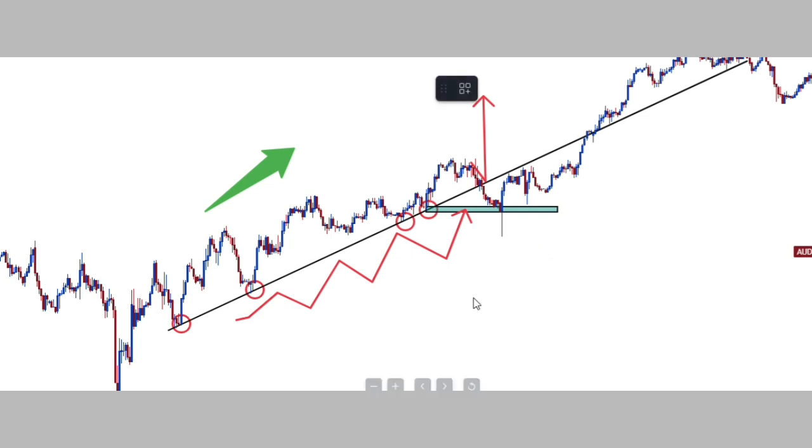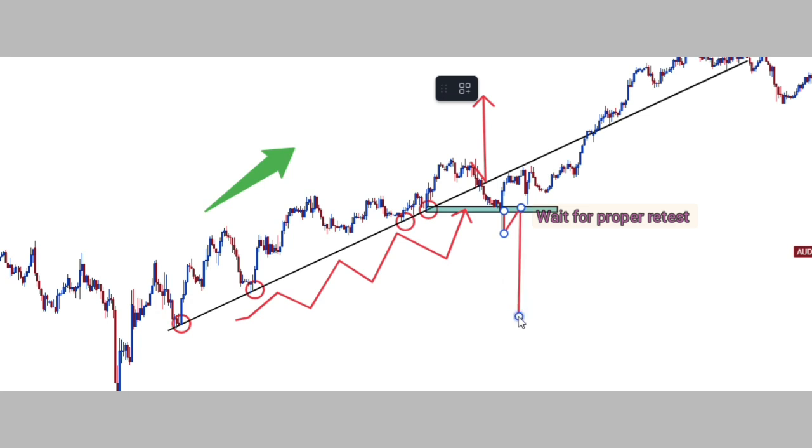Wait for a break below here, taking out this previous price at the trend line. Wait for a take out of that price with a large bearish engulfing candle, and wait for a retest around these areas and a confirmation to sell.